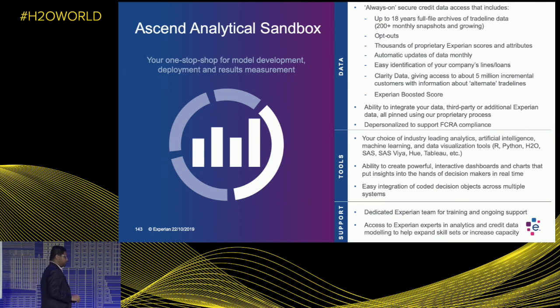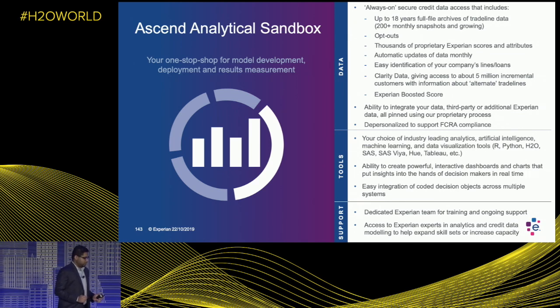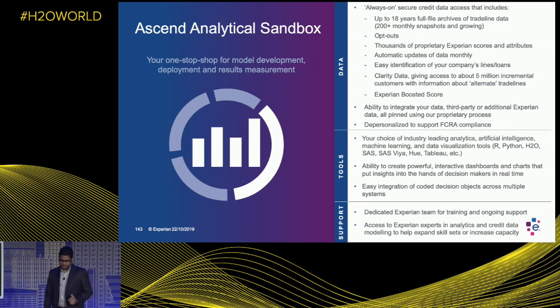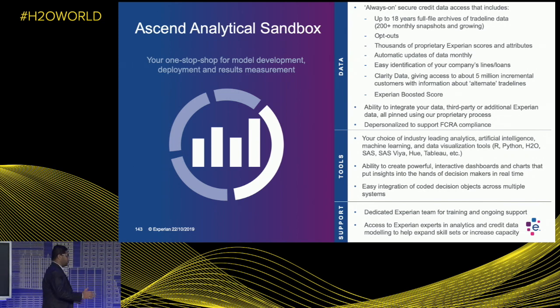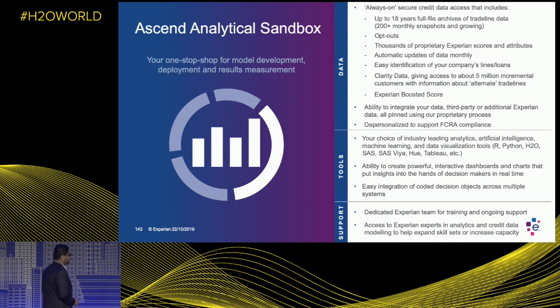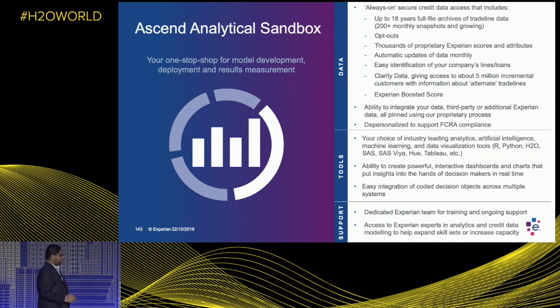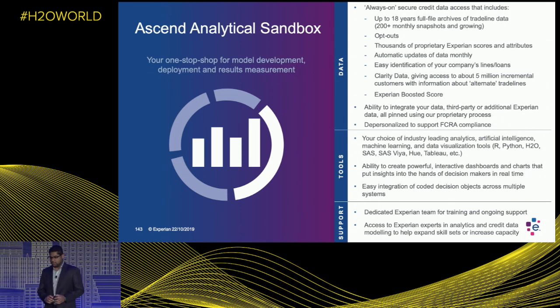Now, on top of that, the critical piece, again, as I mentioned, which we have been discussing since this morning, are the tools. So we have the data now. How do we see what tools we can use to identify or analyze that data? So we have tools like Python, R, SAS, SAS Viya, H2O.